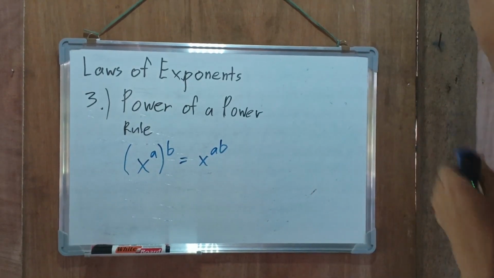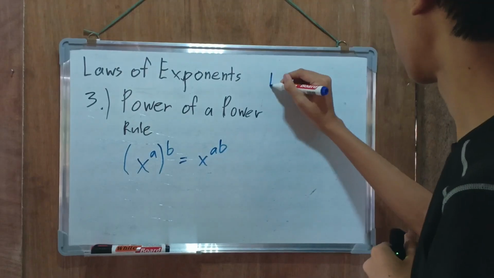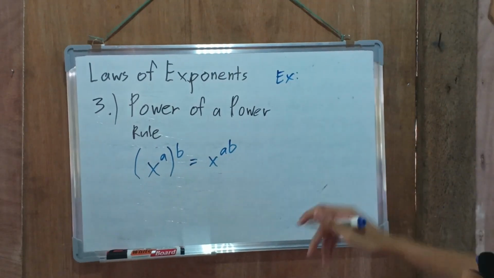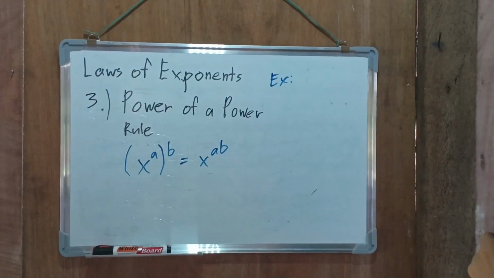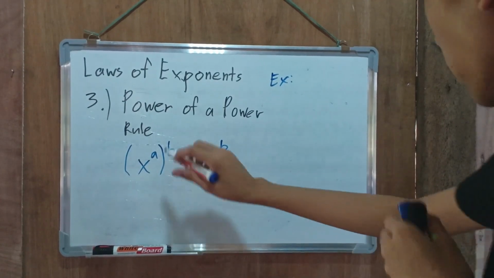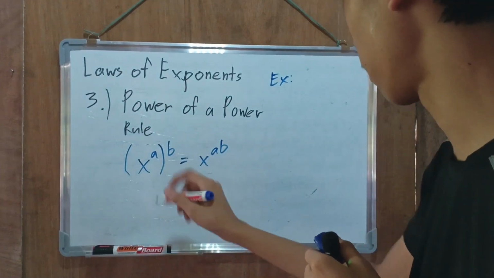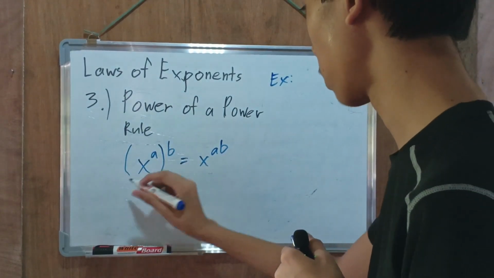Let me give you an example with this. Before I proceed, if you see a parenthesis, it means they are multiplying.